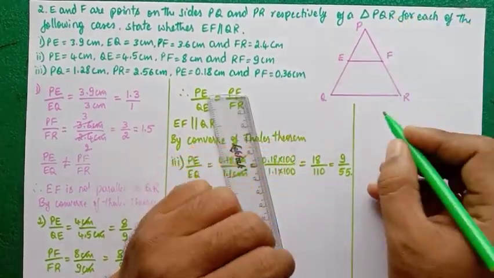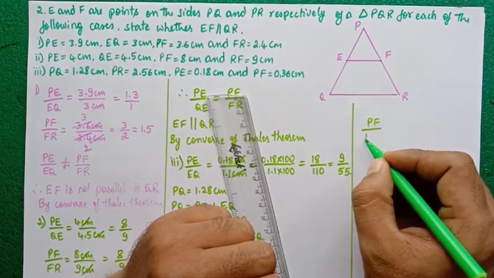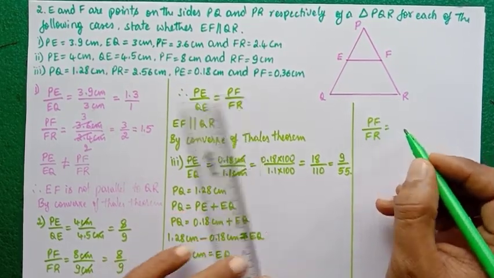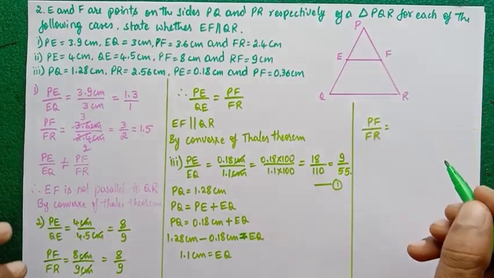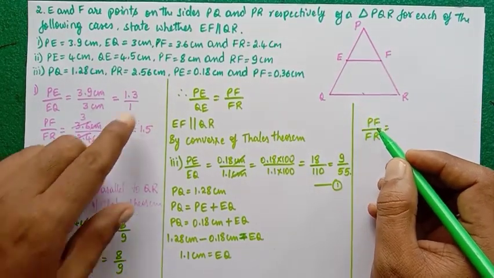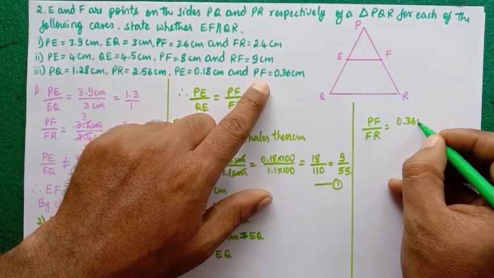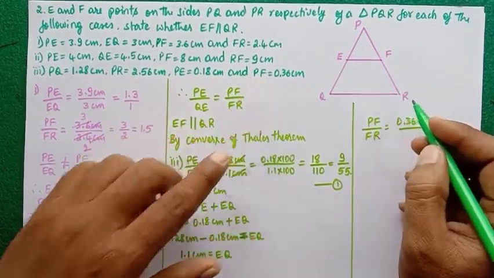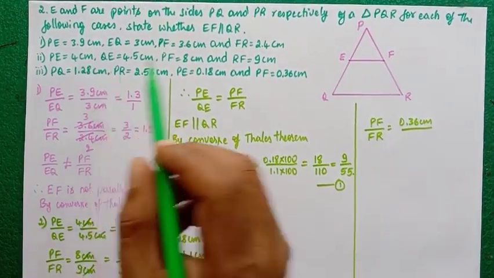Now let us move on to the next value, this side, PF by FR. We want to calculate this also. So if this is 1, let me calculate the other side. What is PF? PF is given here, 0.36 centimeter. FR is not given, but PR is given.